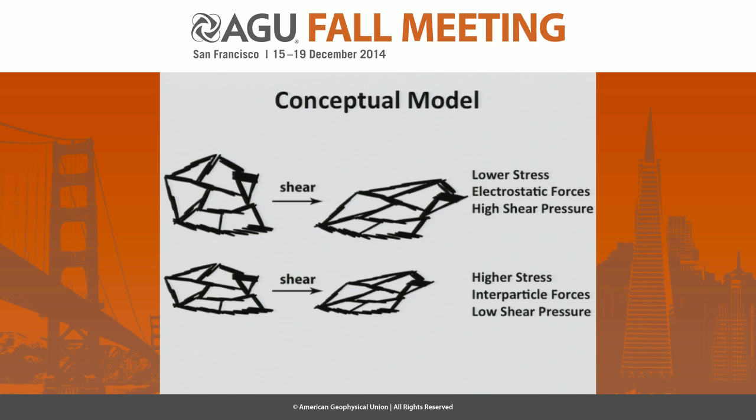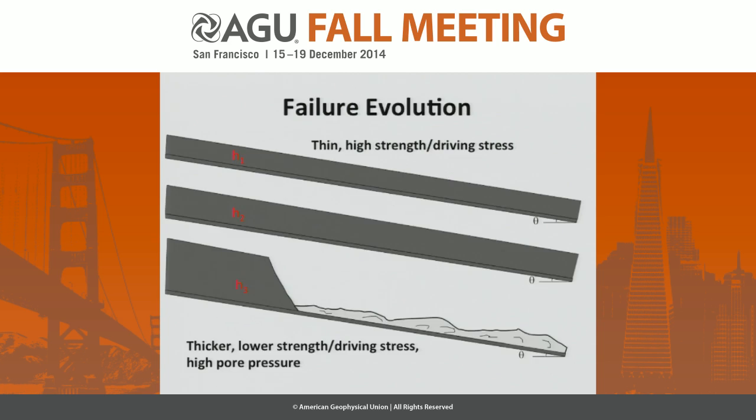As we shear them, we again deform them. We're here under higher stresses. The electrostatic forces are becoming less important. The interparticle forces are becoming more important. And because the pore volume is smaller, we're actually generating a lower shear pore pressure. So as we bury them deeper, we're generating less pressure. There's less probability for them to have long run-out distances. So that's the grain scale conceptual work that we're starting to think about.